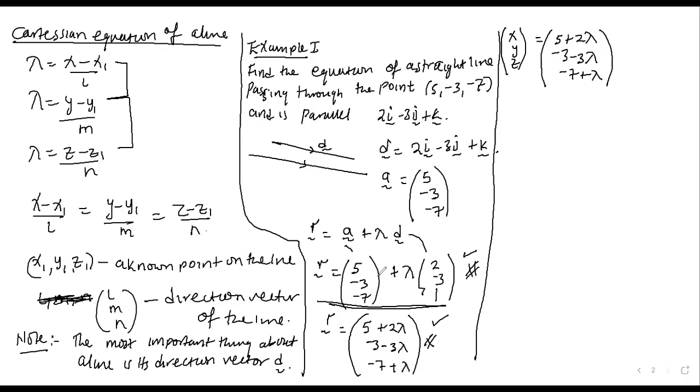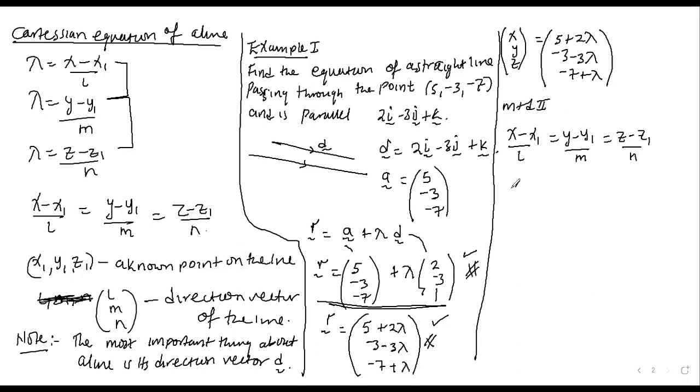Now, what if they had asked you to get the Cartesian equation, which is method 2? Remember I showed you that x minus x1 over l is equal to y minus y1 over m is equal to z minus z1 over n.